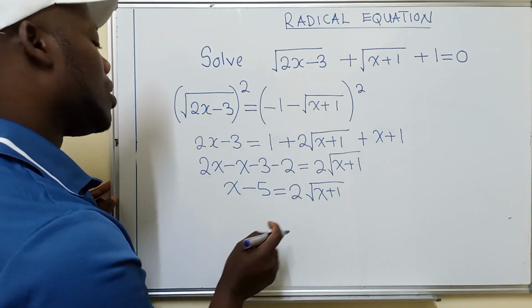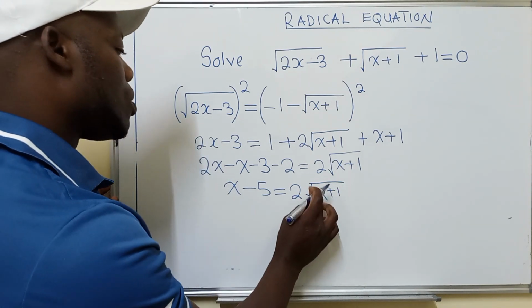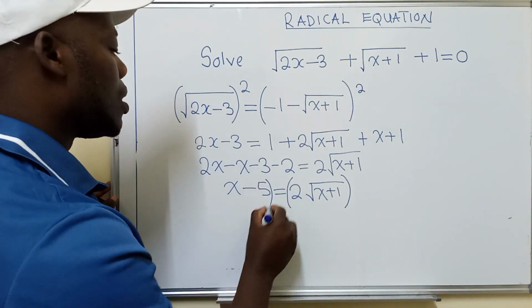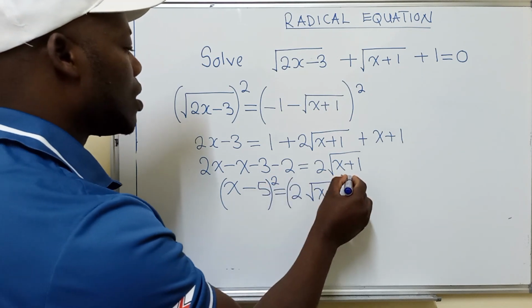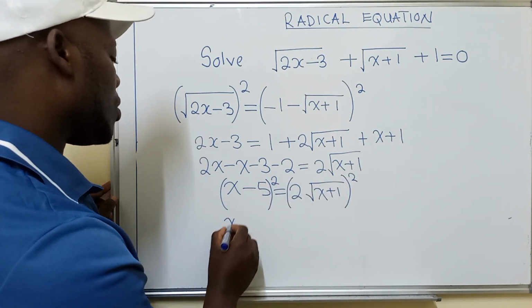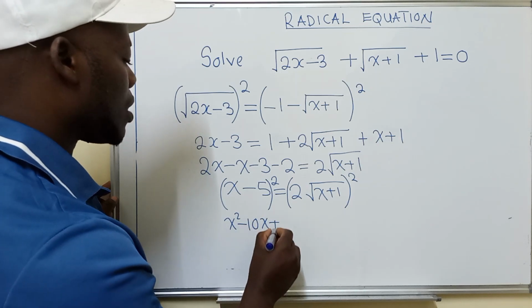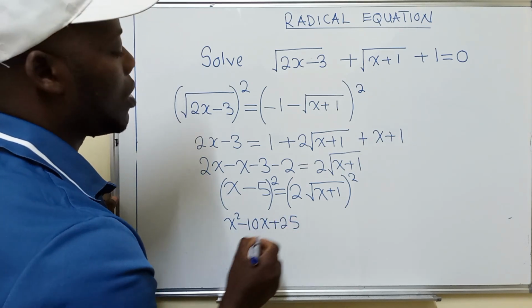So we have a radical this side. To get rid of this root, we do what we did at this point. We square both sides. So here we shall have x squared minus 10x plus 25.